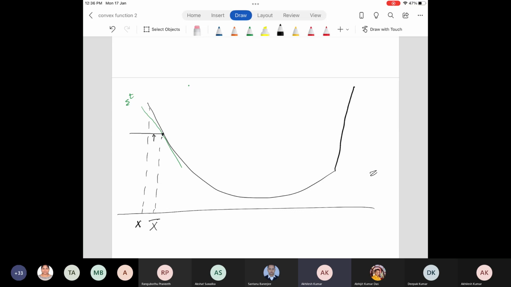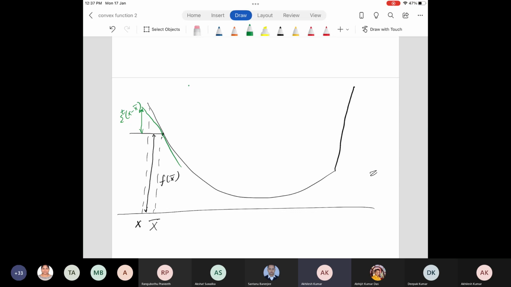So this height is your f of x bar, and this part is your eta transpose (x minus x bar).